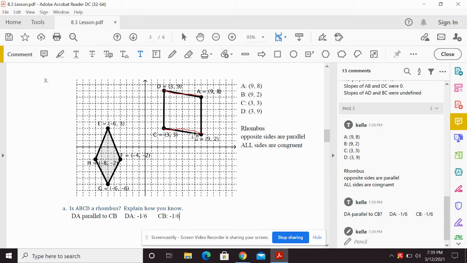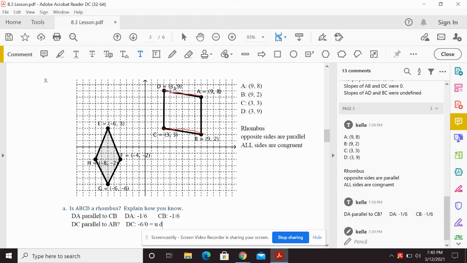Is DC parallel to AB? Okay, so let's find the slope of DC. My change in y, 9 to 3, that's negative 6 over my change in x, 3 minus 3, which is 0.